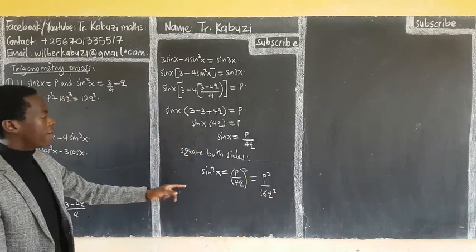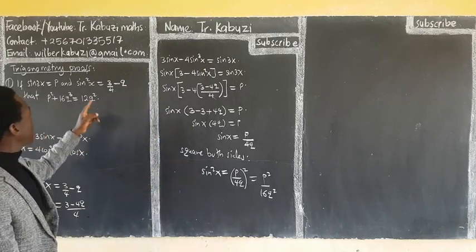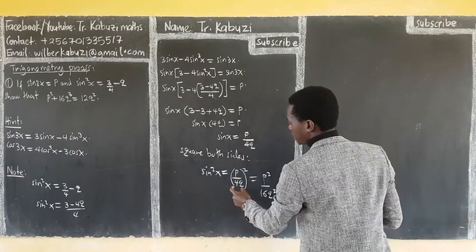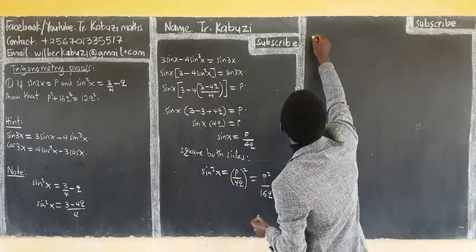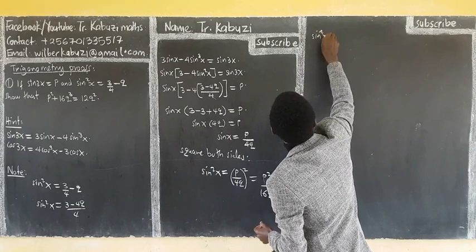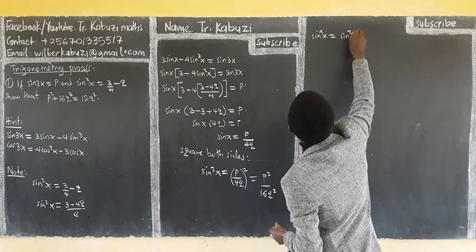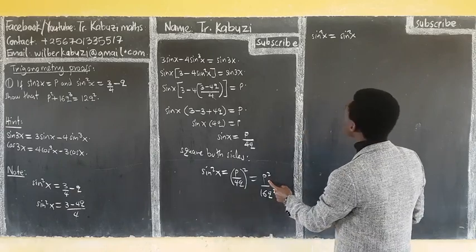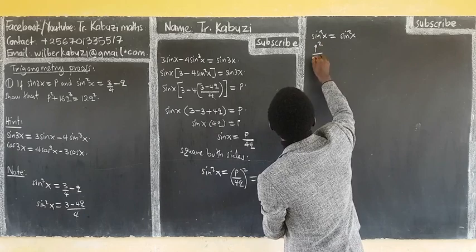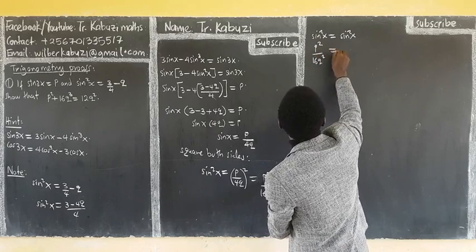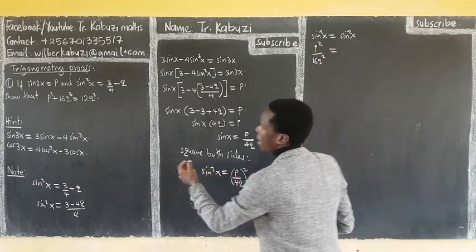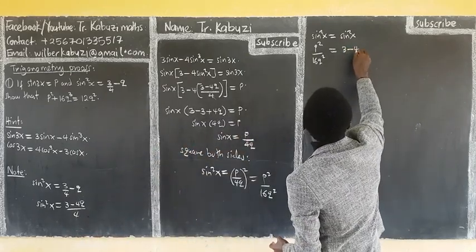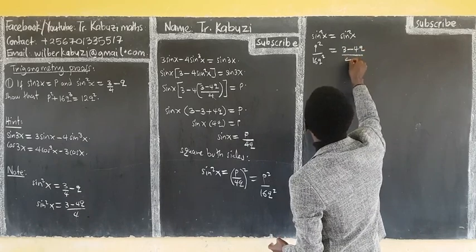Now, this one is equal to this, but we know that we come from here. First of all, you know that sine squared x will be equal to sine squared x. Now, our sine squared x from here is p squared over 16q squared, equaling our sine squared, which is 3 minus 4q, the whole over 4.